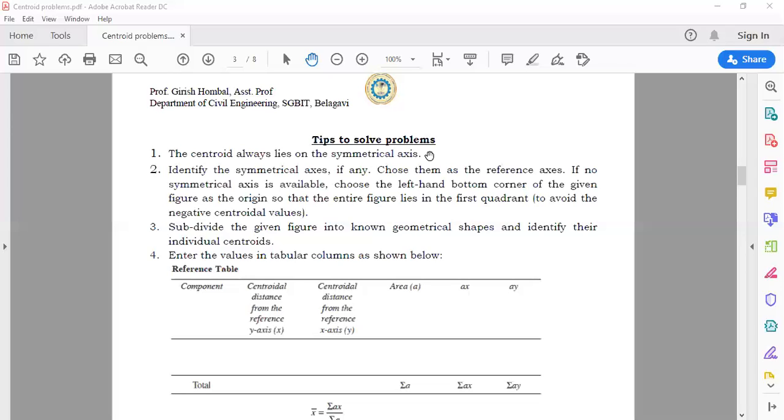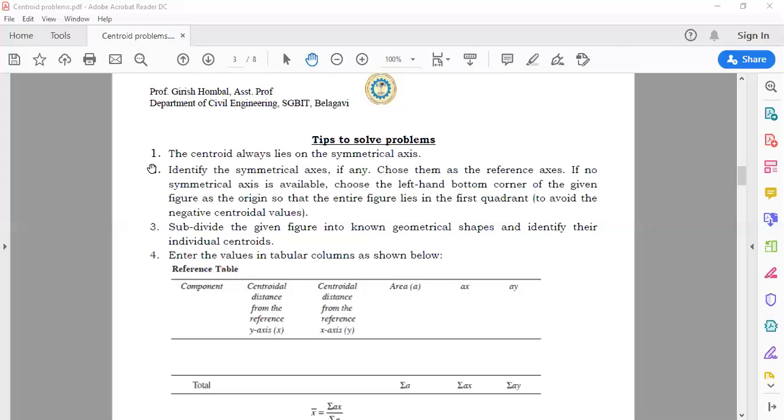So whenever you close your book with reference to that central axis, the corner of that book coincides along both the sides. So that is what is called as symmetrical axis. One should understand that always the centroid lies on the symmetrical axis.